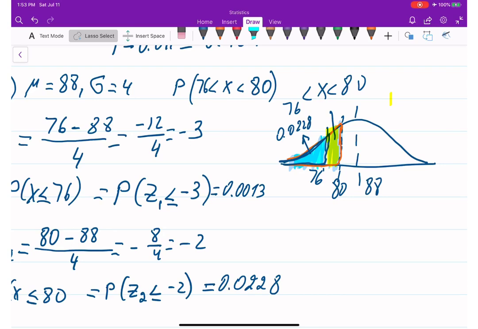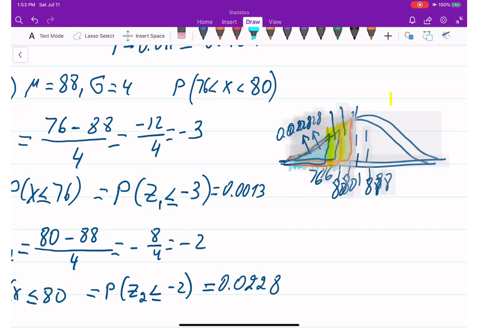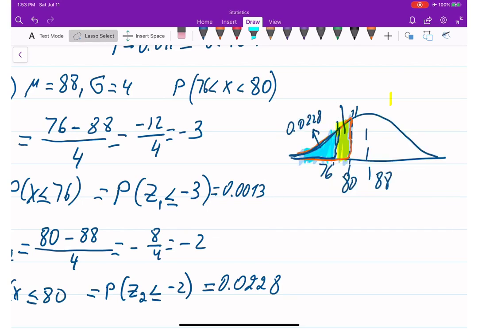Let me clean this. I don't need this here anymore. Okay, this will be better. So this is 0.0228.